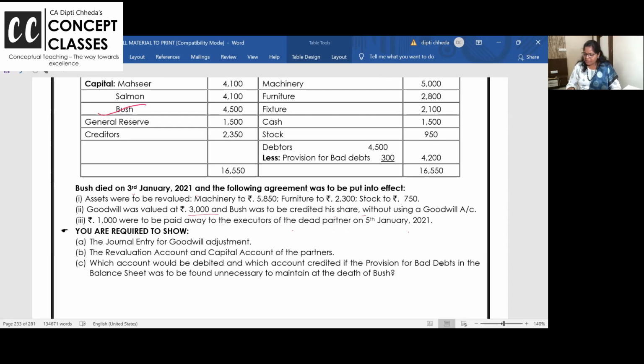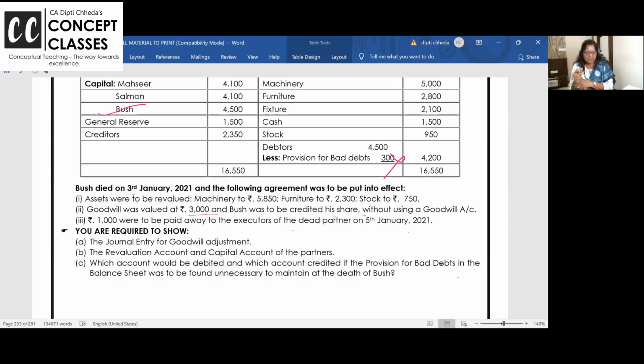Which account would be debited and which account would be credited if provision for bad debt in the balance sheet is found unnecessary? What's the nature of provision? Credit. And if you don't want it, what will you do? Debit. Provision account, debit. Revaluation account, credit.